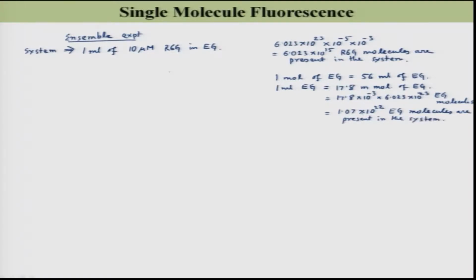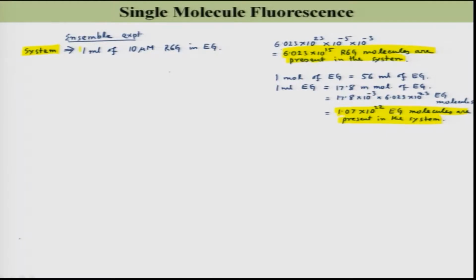Look at these two numbers, one is this one. So, I will just highlight this, one is this one. So, this many rhodamine 6G molecules are present in the system and this many ethylene glycol molecules are present in the system. What is your system? Your system is this one. So, this is your system, right.